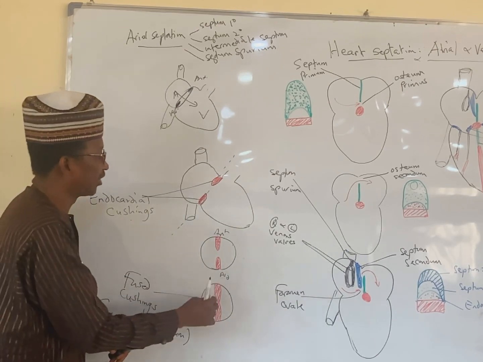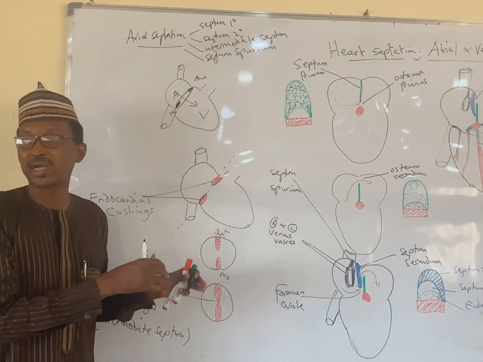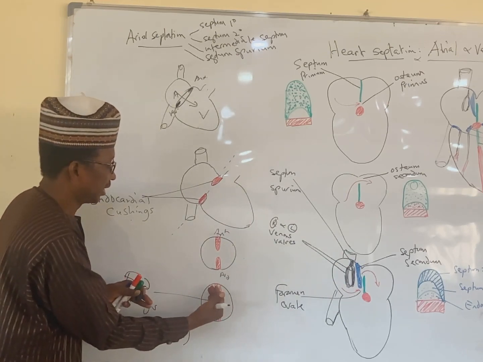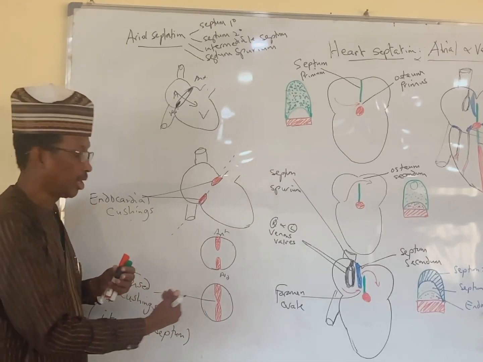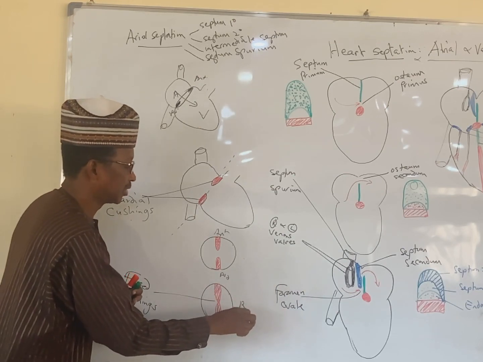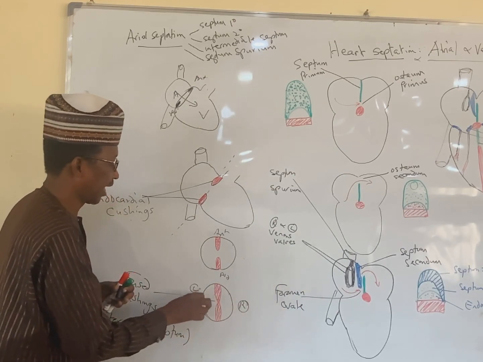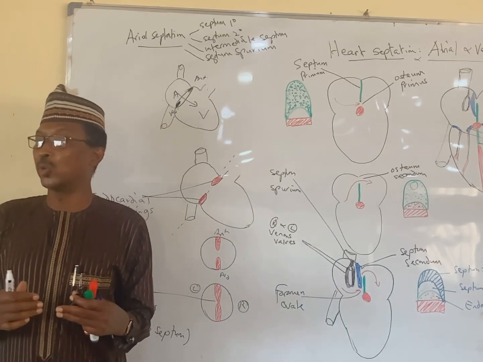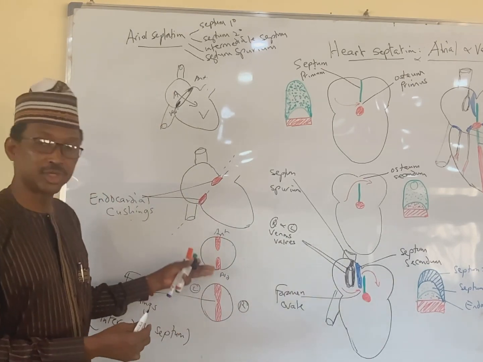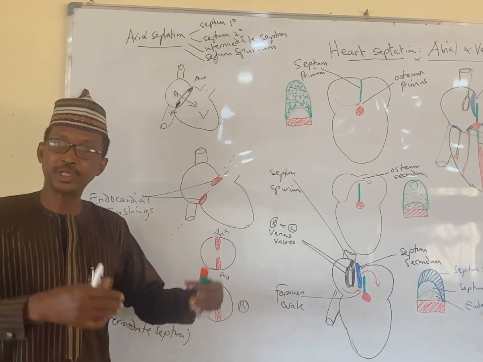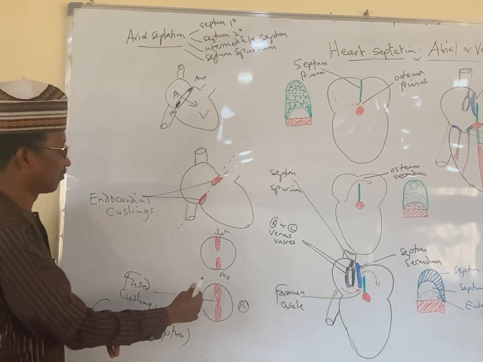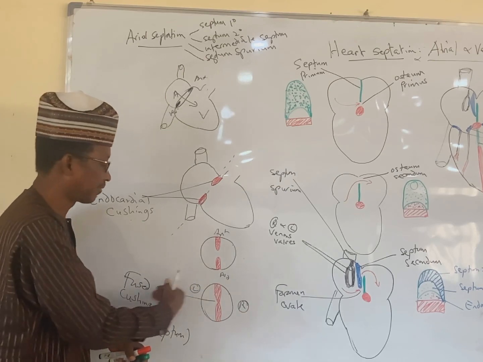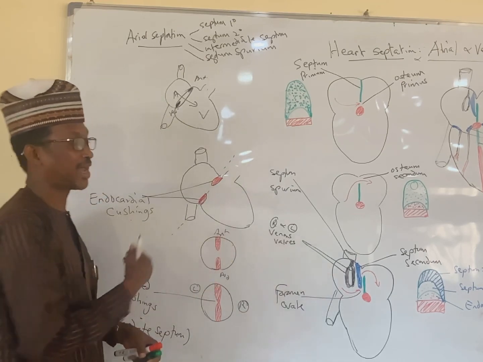So by dividing this AV canal into two canals, you have the left part of the AV canal and the right part of the AV canal. The atrioventricular canal is now divided by two endocardial cushions, one anterior, one posterior. They unite in the midline so that they divide the common AV canal into two parts, left side and right side.